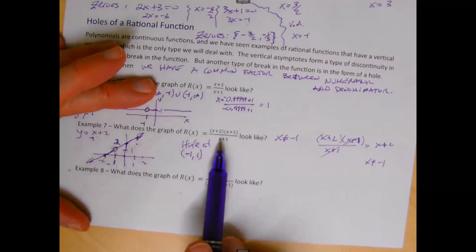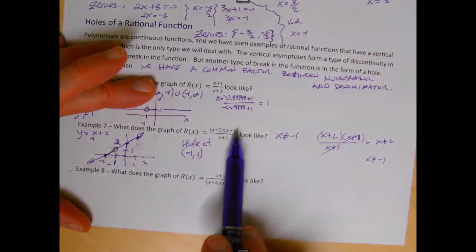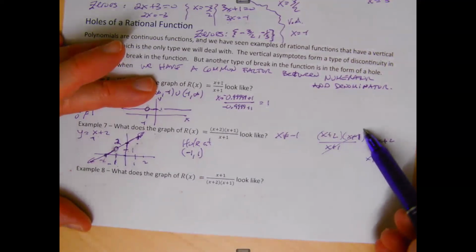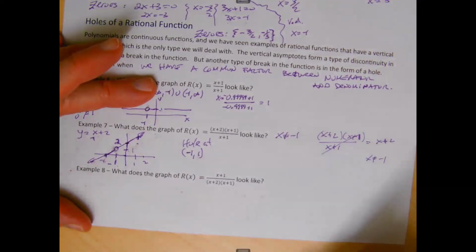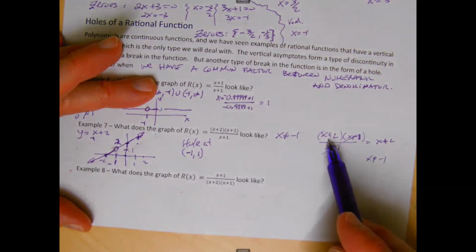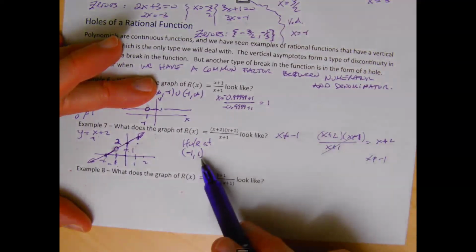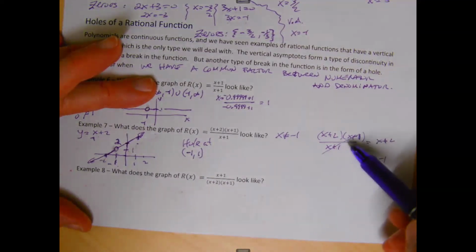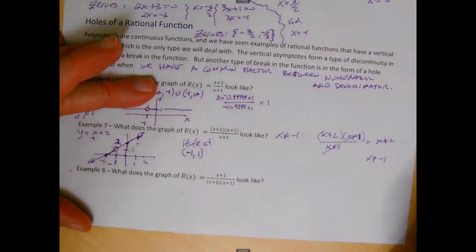So how do you determine a hole? Well, when you have a common factor, you can determine the number that x can't be. We determine that it cannot be -1. We cancel or simplify this, and then we stick that value into the simplified function to determine the actual location of the hole. Remember, this over this is essentially 1, except at the point where it blows up.